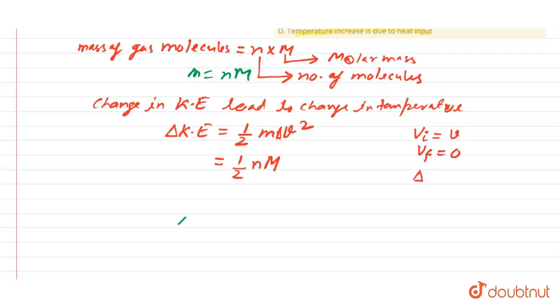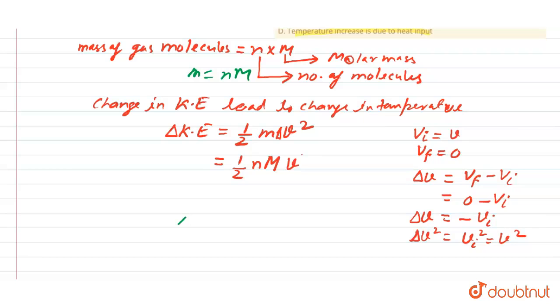The change in the velocity delta v is equal to vf minus vi, that means 0 minus vi. It is stopped, that means the velocity becomes 0, so it is minus vi. Because it is a square, delta v square is equal to vi square, that means v square. It is given that the initial velocity is v, so the change in the kinetic energy is half n m v square, equation number 1.